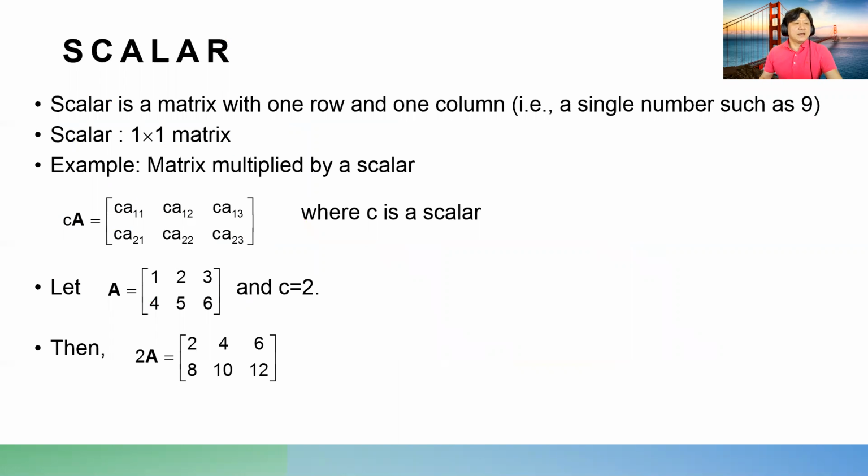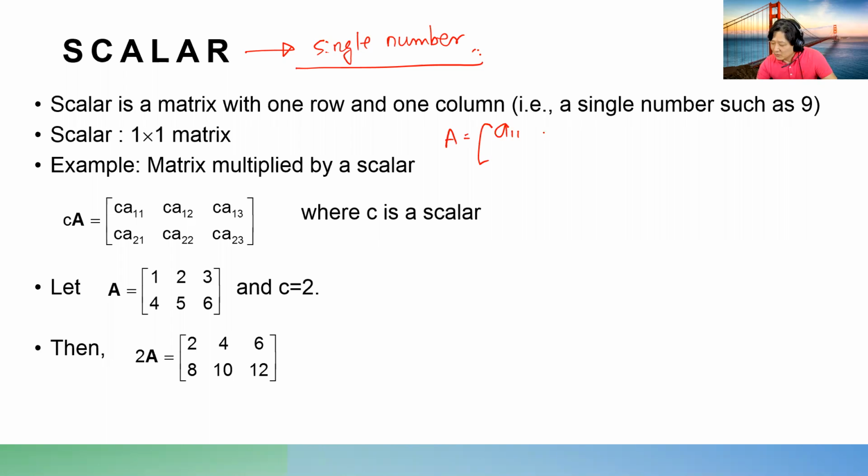Okay, and then scalar. Scalar is a matrix with one row and one column. Actually, scalar is a single number. Okay. So if you look at this, let's say A matrix is A11, A12, A13, and A21, A22, and A23.